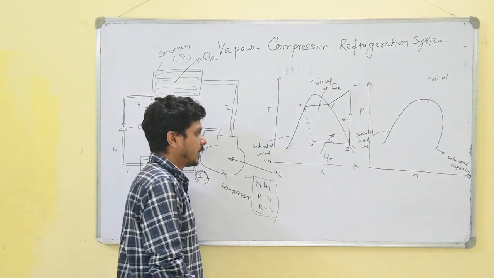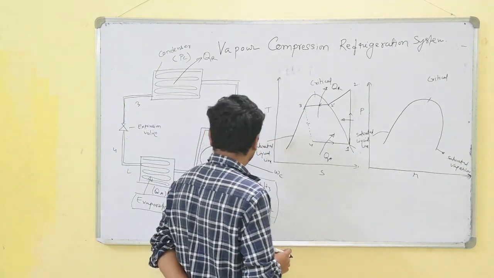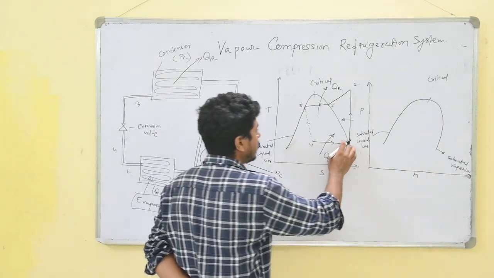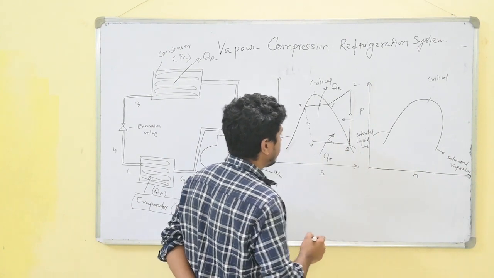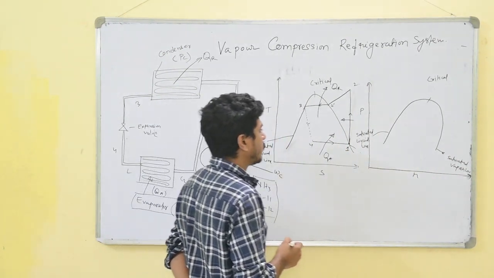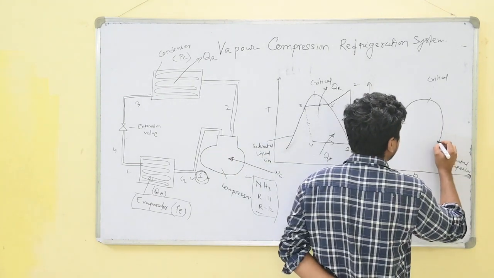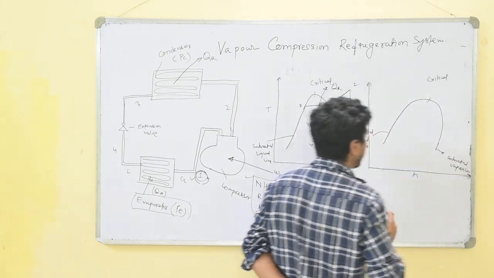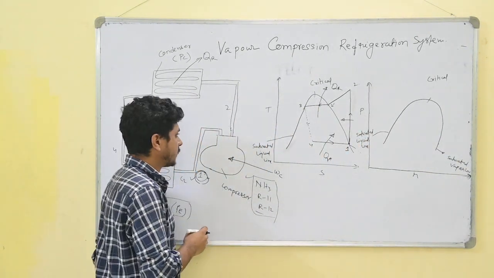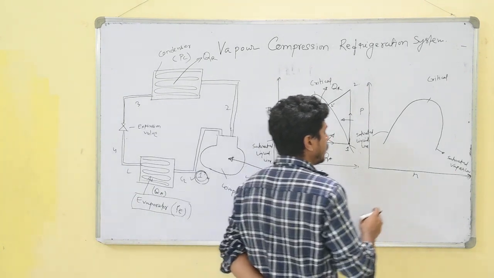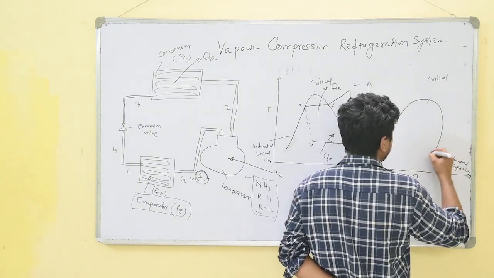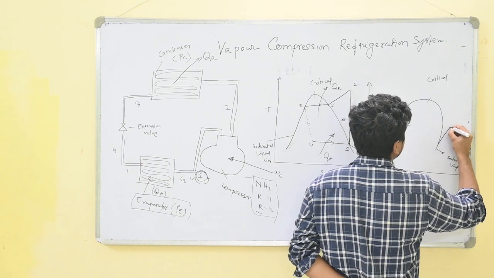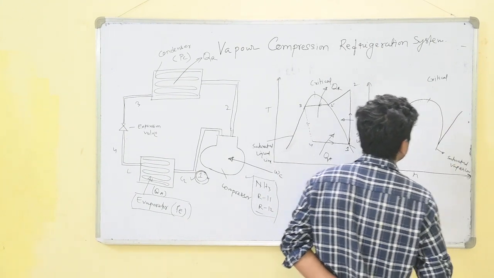So here we discuss the pH diagram of this whole vapor compression refrigeration system. At first we have point 1, which starts from the saturated vapor point. After that, the compression takes place. During compression, the enthalpy is gradually increased, and it goes like that.